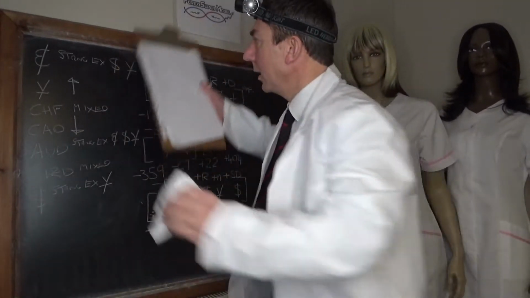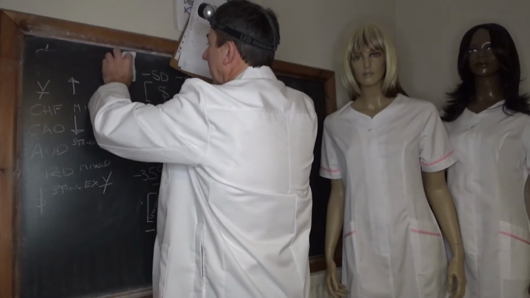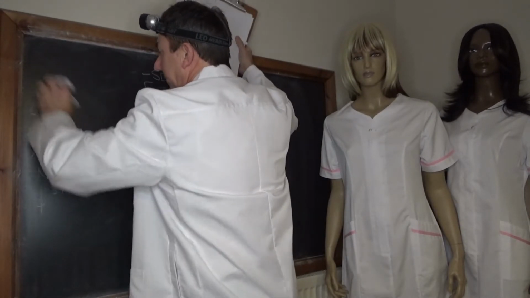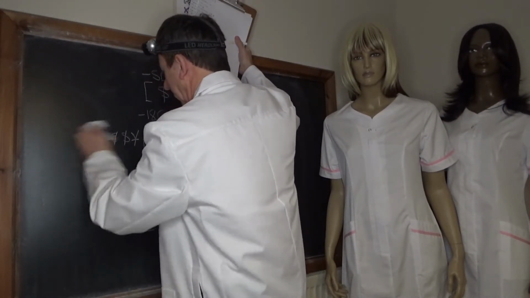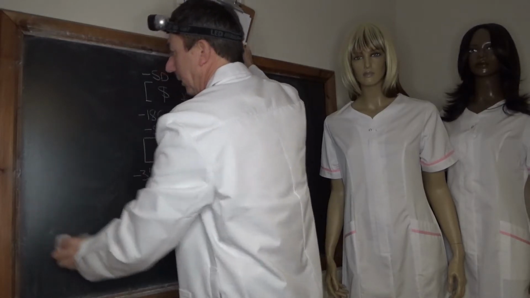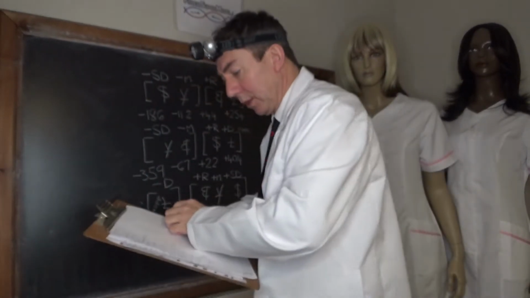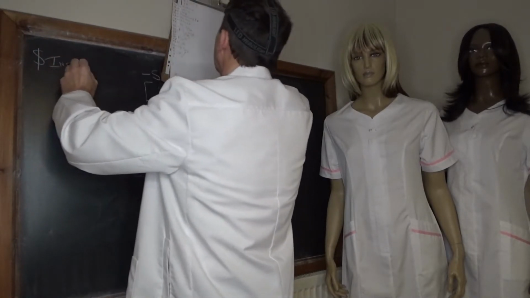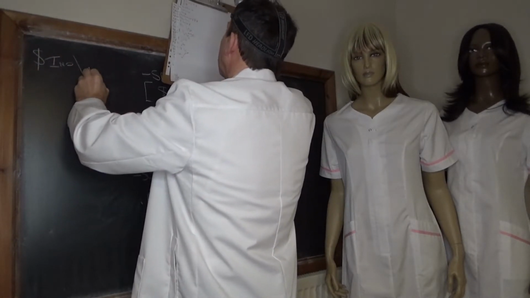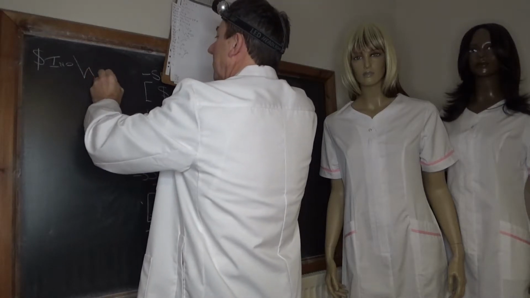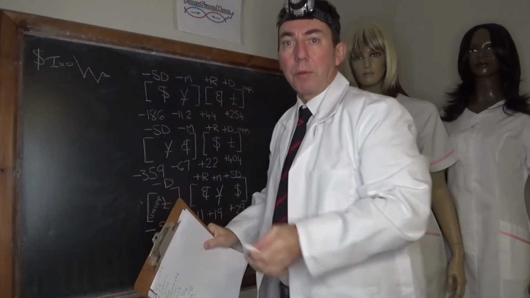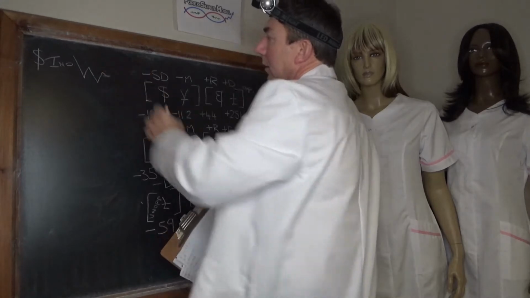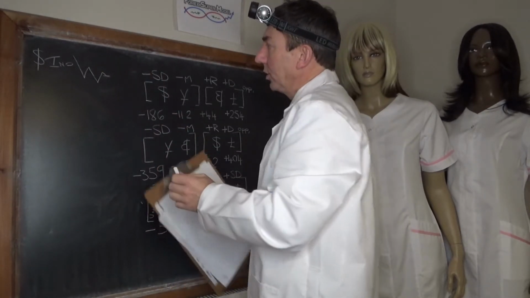Let's have a look at the wider market in terms of asset classes. So let's start off with the dollar index. The dollar index basically looks something like this. It's parked pretty low in that situation.